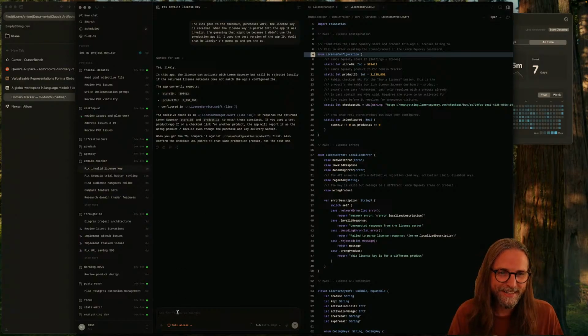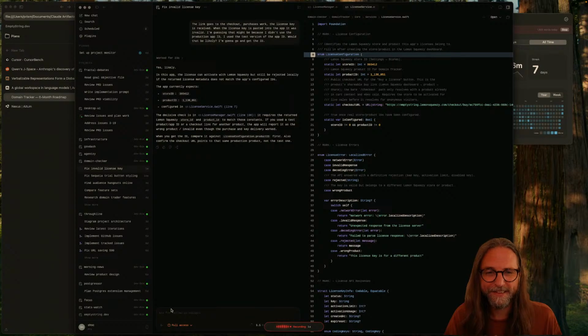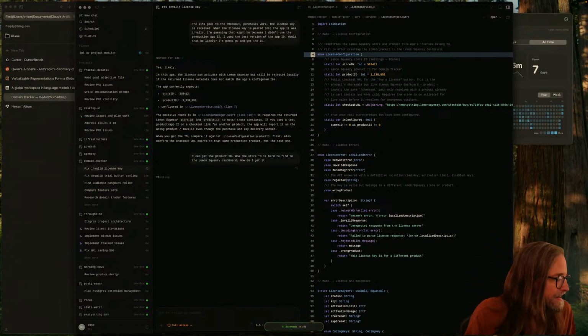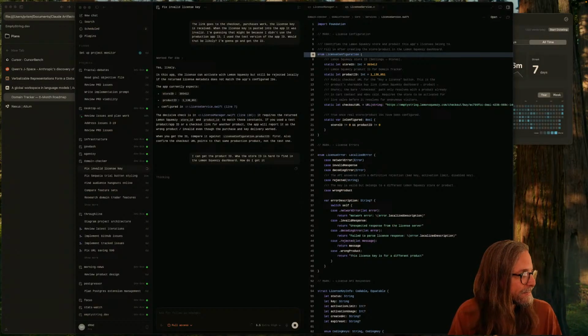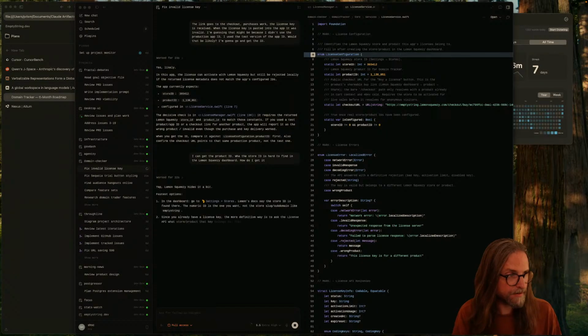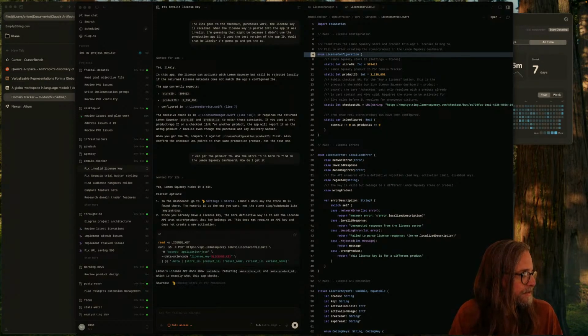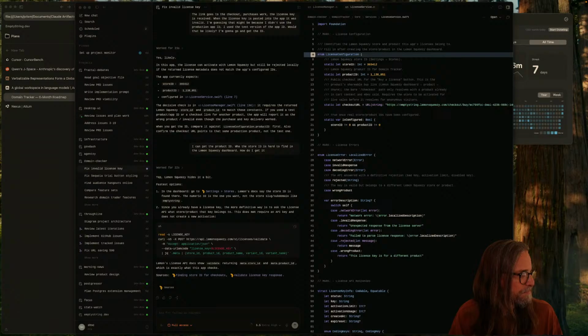All right, how do I get my store ID? I can get the product ID. The store ID is hard to find in the Lemon Squeezy dashboard. How do I get it? I actually can't find it. What the hell? I go to my store and it's not in the URL. Literally, where is it? That's crazy. Is it in the URL? No. Weird.